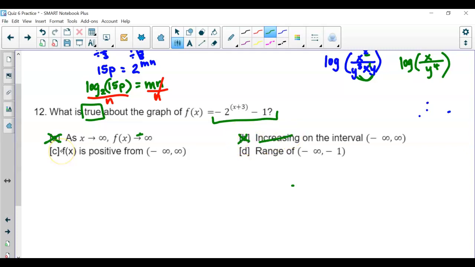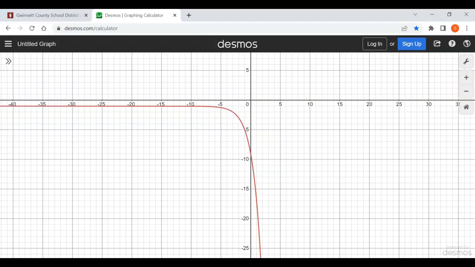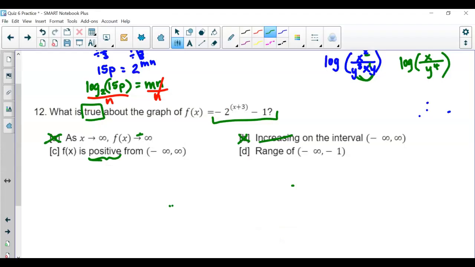Now let's look at C. It says our graph f of x is all positive from negative infinity to infinity. So the entire graph it's saying is positive. So let's look. Going back, notice, guys, our entire graph is below, which is in the negative. So here, let's check then that D is our true statement.